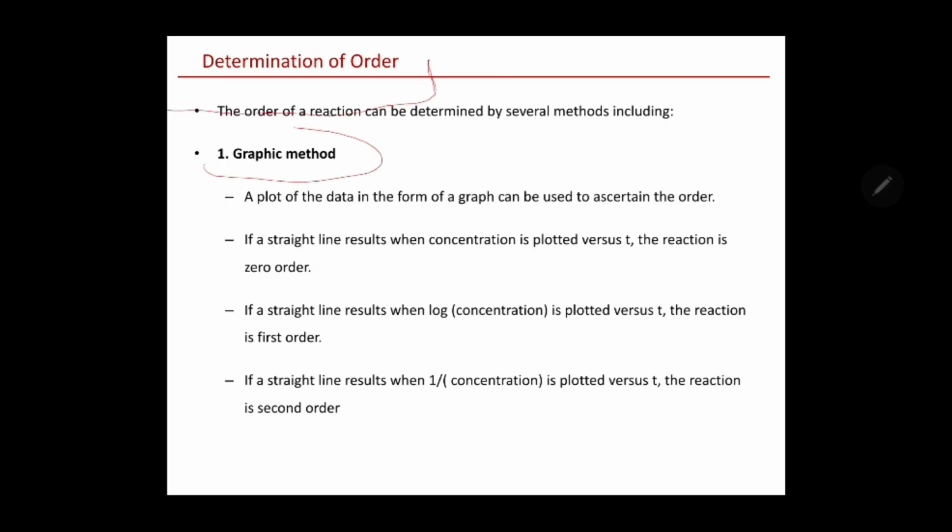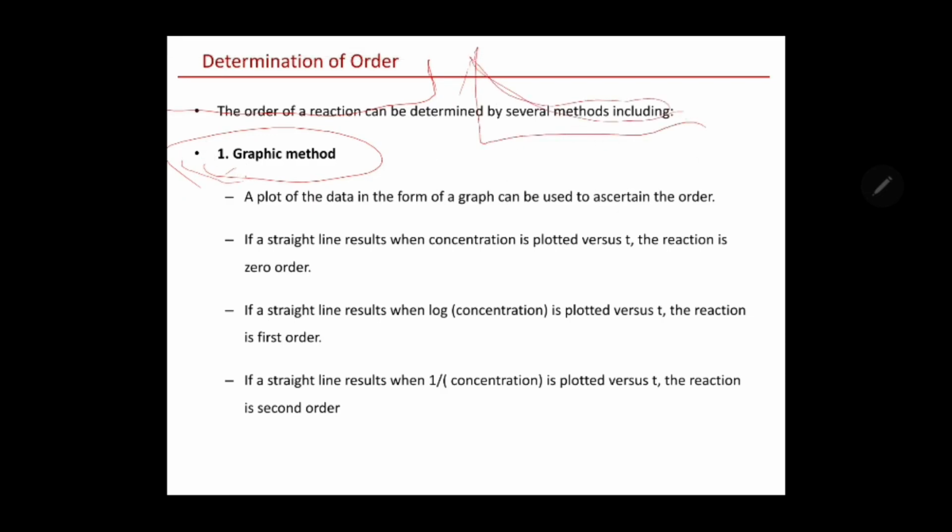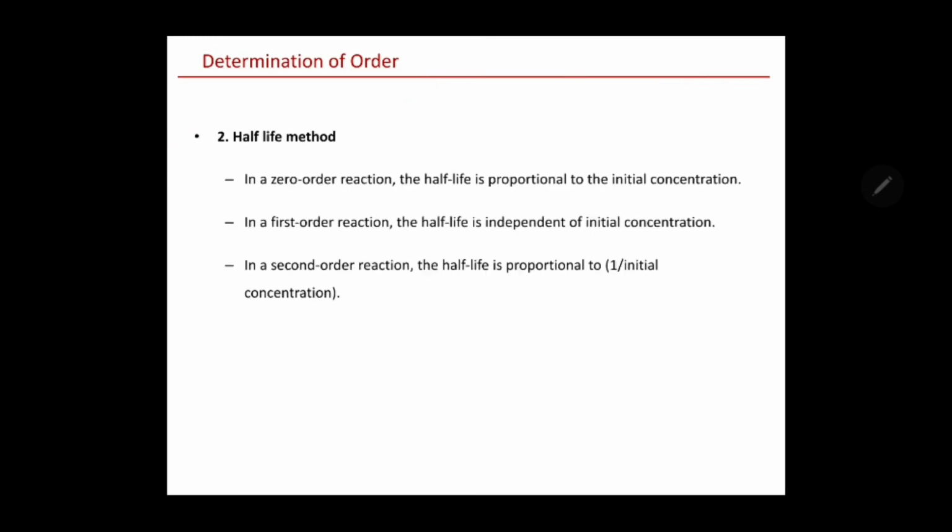Now, we know these 3 major orders of reaction: zero, first, and second order reactions. Now, how do we determine the order of the reaction? We have a few methods, like the graphic method, in which we monitor the change in the concentration of the reactant with time and build a diagram, just like we talked about. If the relationship is a straight line, that means we have a zero order reaction.